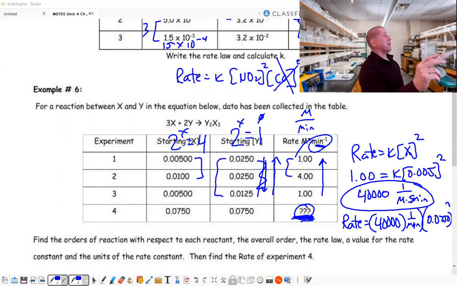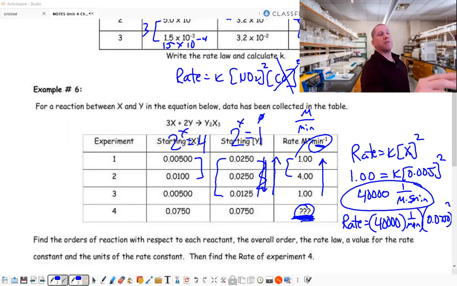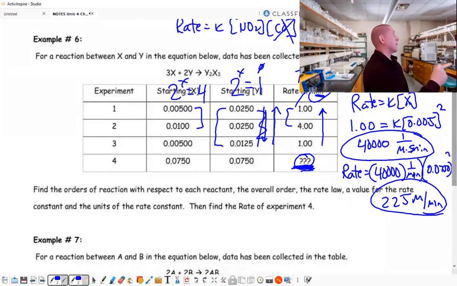And you get 225. Oh, that might not be right, actually. Let me check the syntax of my calculator. 0.075 squared times 40,000. Oh, that's right. Yep, 225. And the units would be molarity per minute.